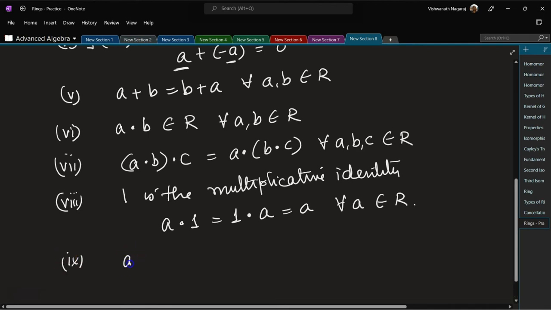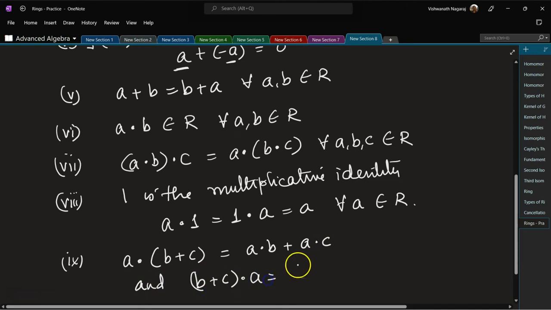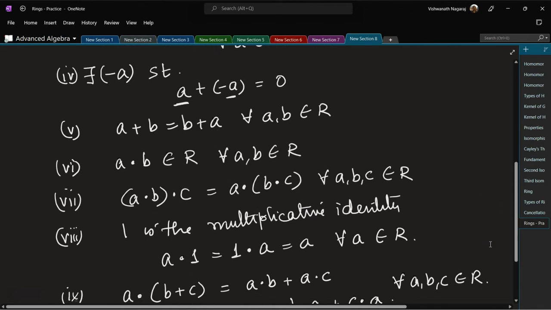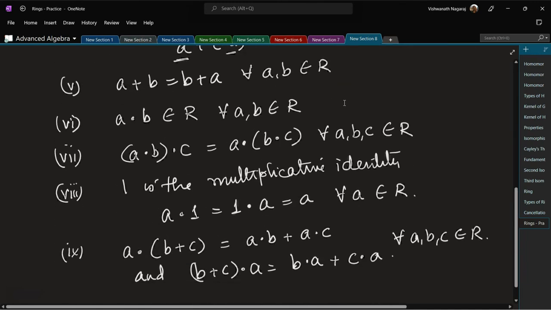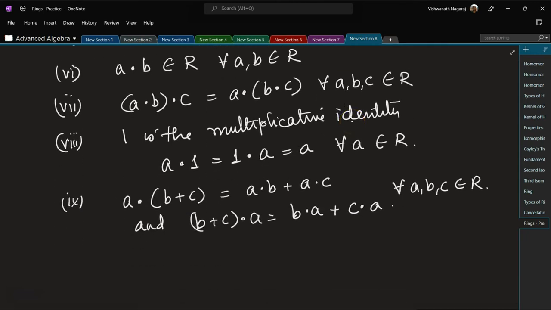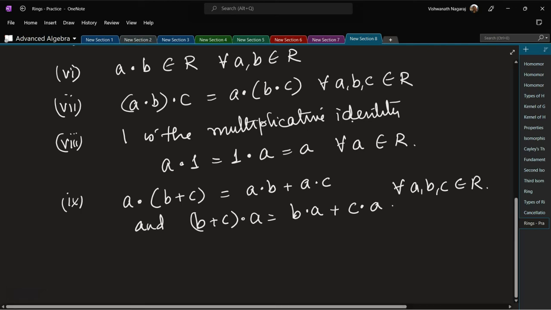So, we know a times (b plus c) is equal to a times b plus a times c, and (b plus c) times a is equal to b times a plus c times a for all a, b, c belonging to R. Again, because the integers have this property.